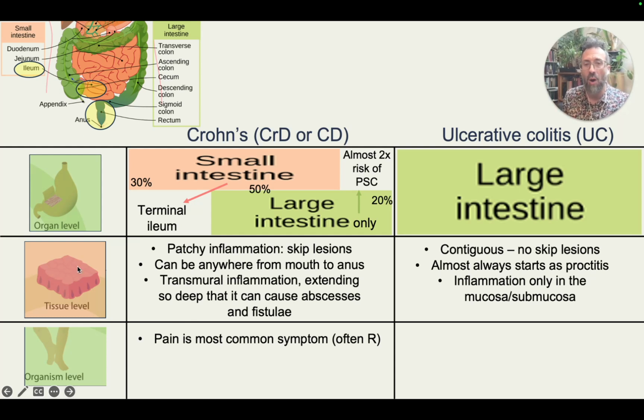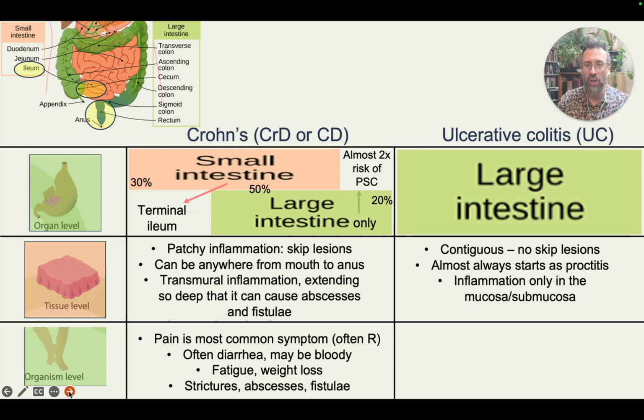So pain is more often right-sided, often diarrhea, not always, but often diarrhea and maybe bloody. Fatigue and weight loss are super common. And like I said, there can be strictures or inflammatory narrowing, which you know if you watch the vocabulary section. There can be abscesses, which are like a walled off area of inflammation. And there can be fistulae, which are these inflammatory tunnels.